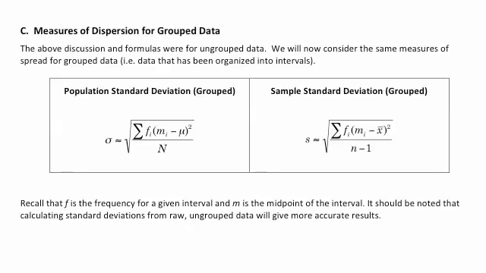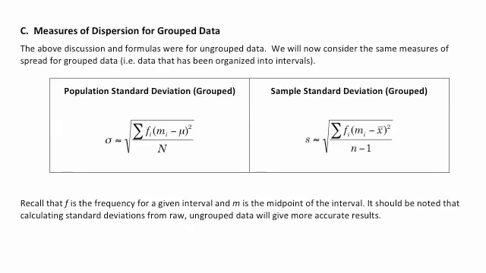You get the n versus the n minus 1 in the denominator. But now instead of just using data points and subtracting them from the mean, we now have to use frequencies and midpoints and subtract from the mean. Okay, so remember that f in these formulas is frequency for some interval. M is the midpoint of that interval.